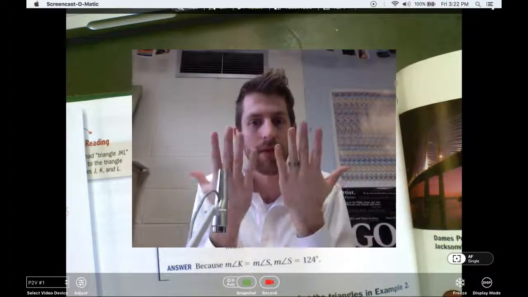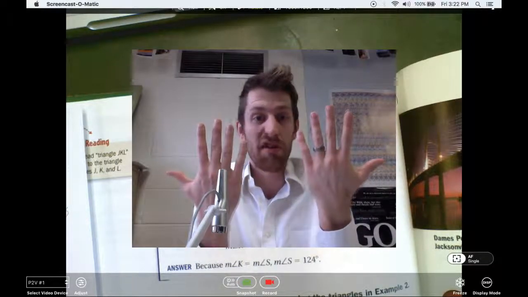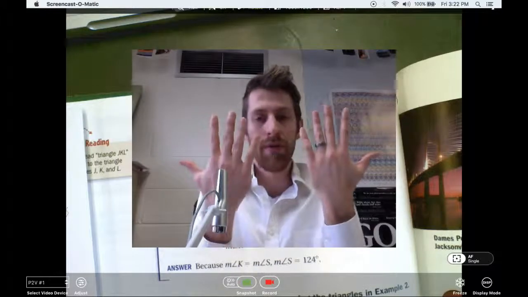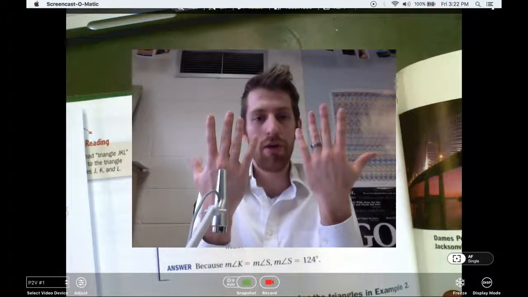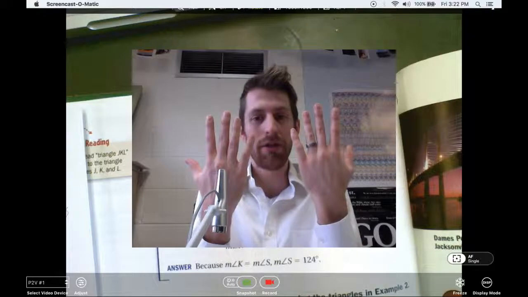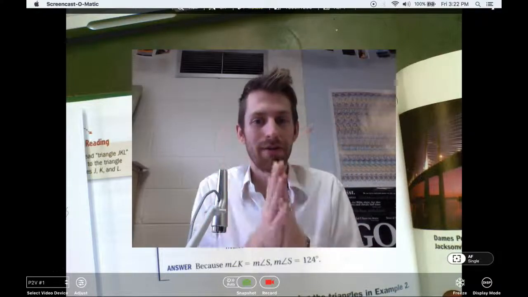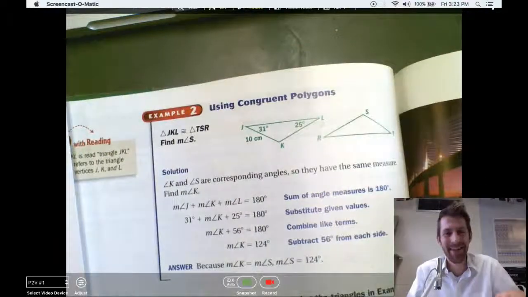So, say my two hands are congruent. They're exactly the same. That one just flips over. This thumb is going to be congruent to this thumb because they're the corresponding parts. Right? And my two index fingers, and we'll stop at that.